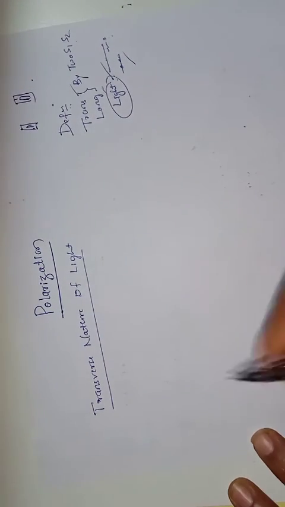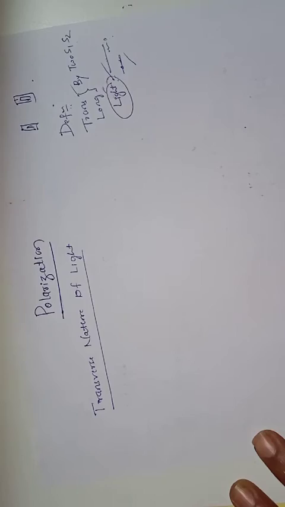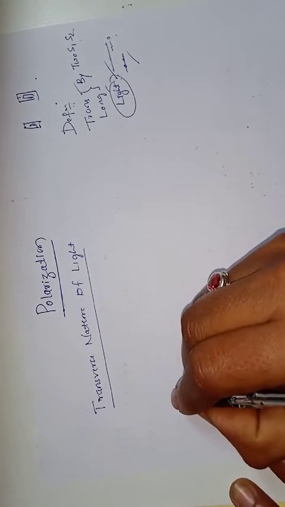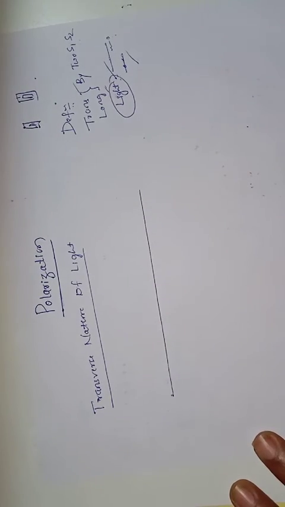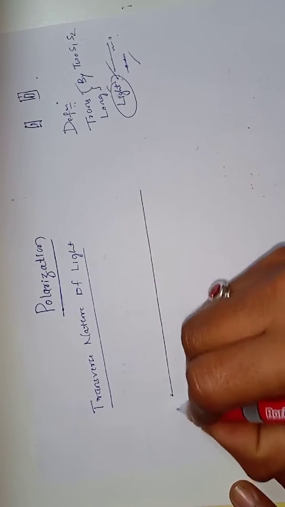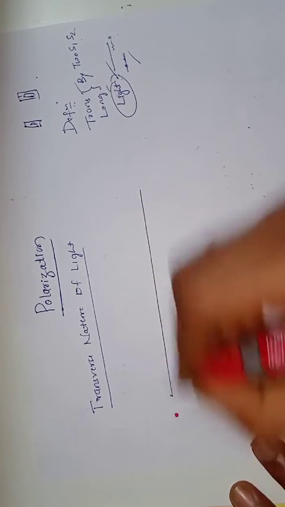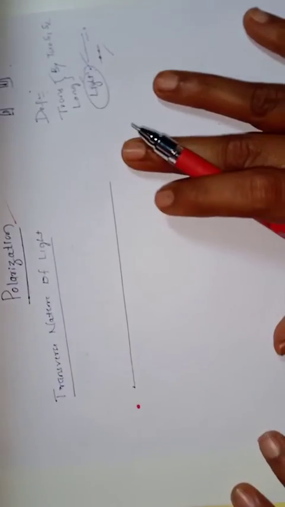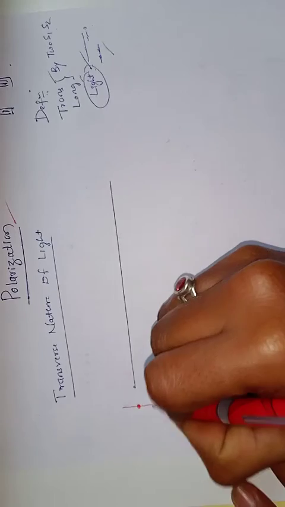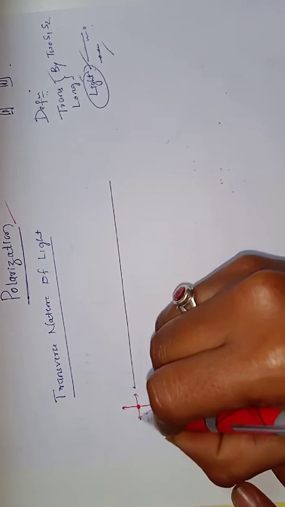So what we have to do? Let's consider an axis. We are studying polarization, so we need a source of light. The source of light is unpolarized.